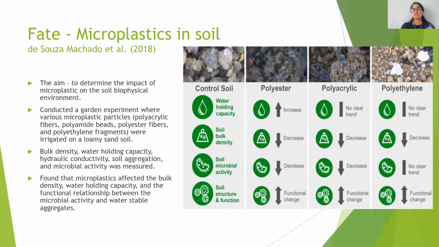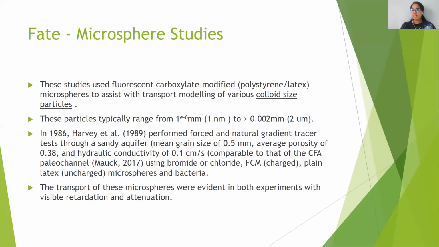So this doesn't imply that irrigation of a source with microplastics will not have a change on hydraulic conductivity. It's just in the specific environment. So it led to microsphere studies.